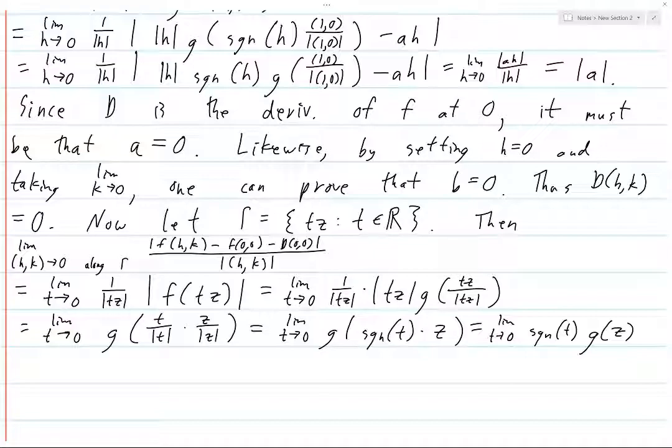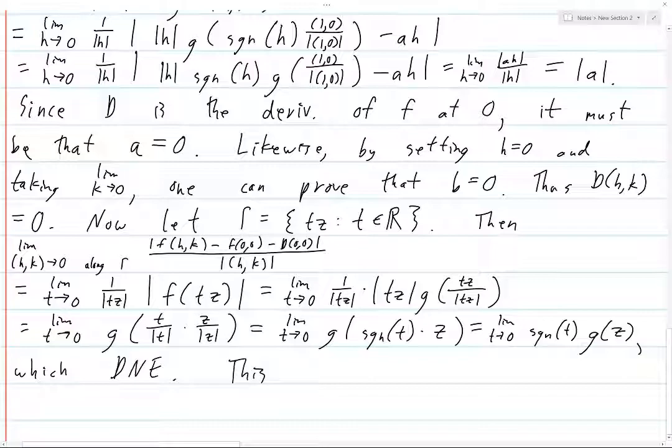Of course, g of z is non-zero, so negative g of z is not the same thing as g of z. So this limit does not exist.